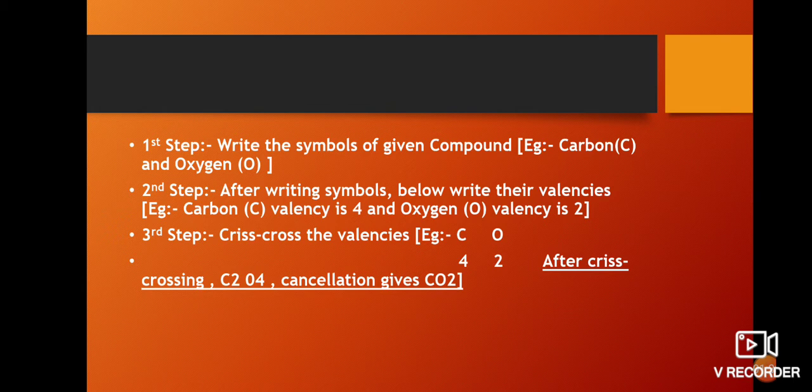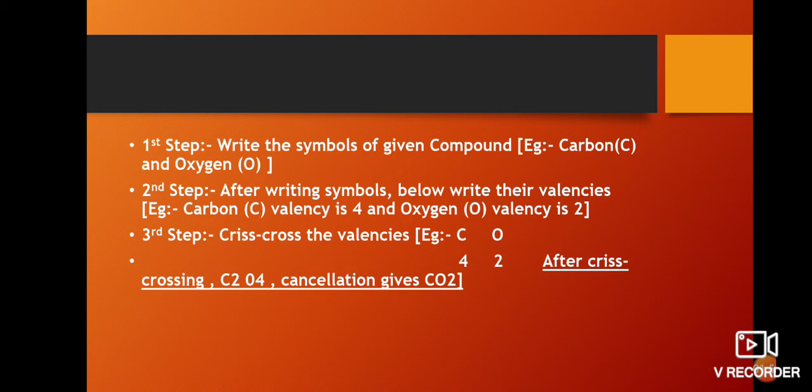First step: suppose the question is to make the chemical formula of carbon dioxide. We know that carbon dioxide is made up of two elements, carbon and oxygen.